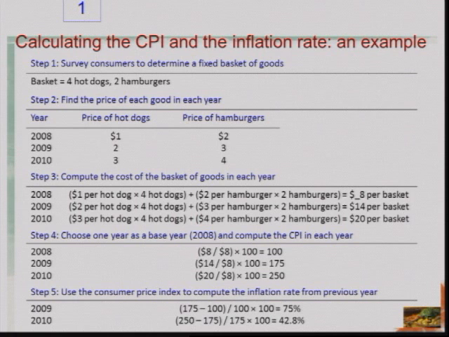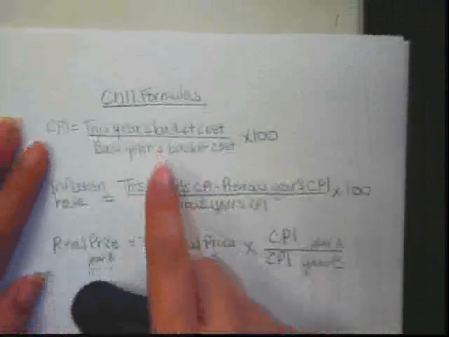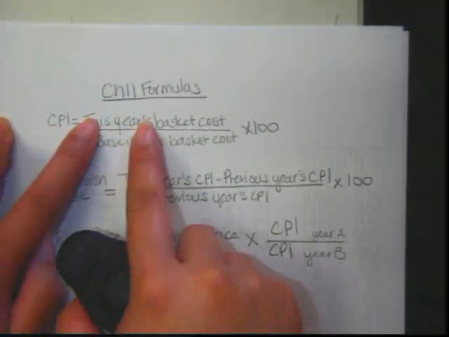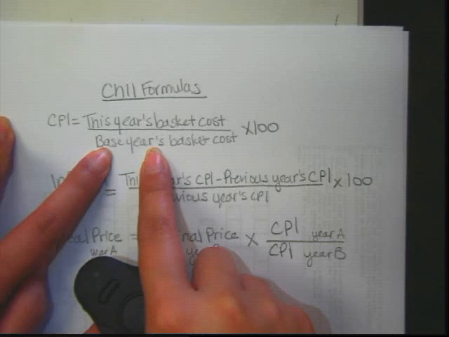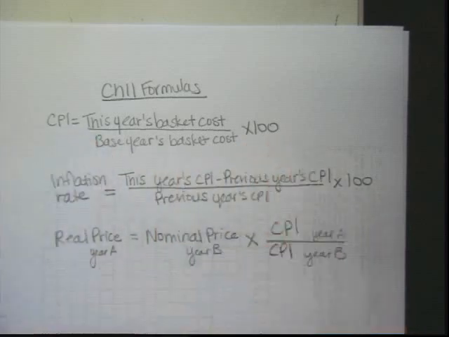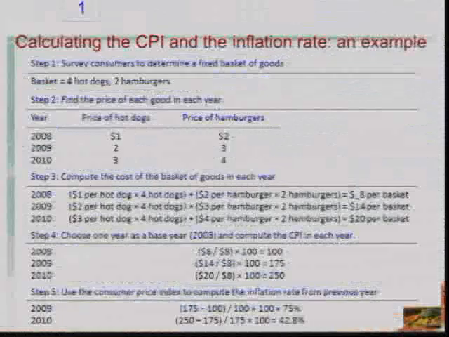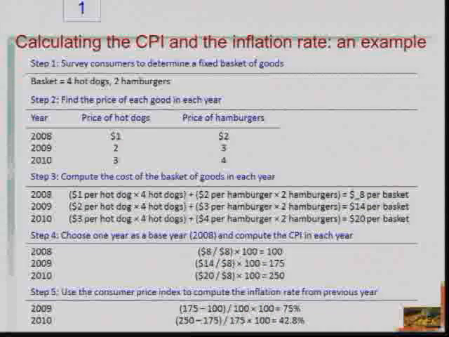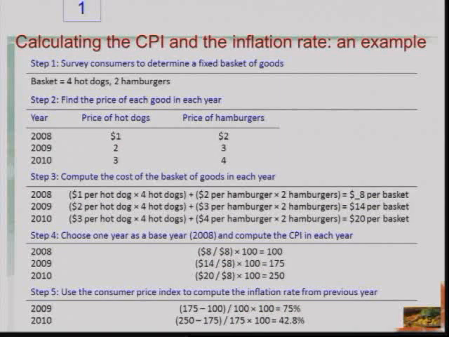Once you have that information, you can use that first formula that she wrote down. This year's basket cost divided by the base year's basket cost times 100. Okay, so it's given to you that 2008 is the base year.